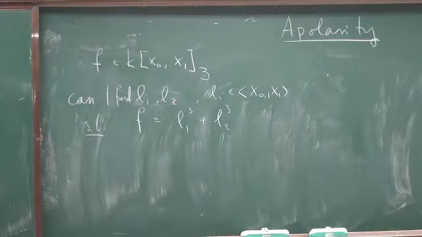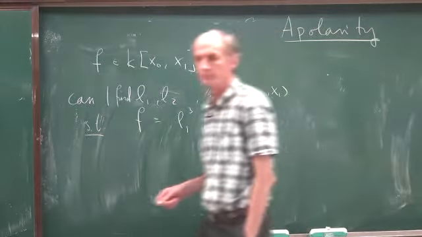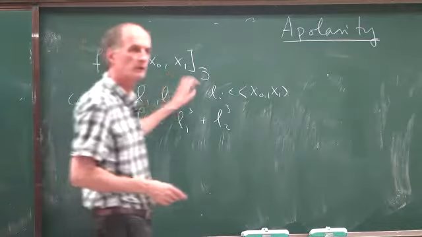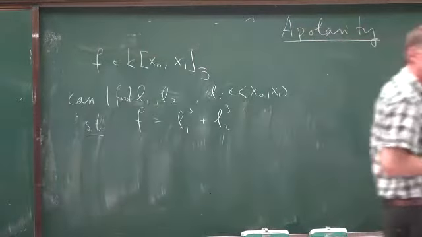So I want to think of this geometrically. This is a binary cubic. Can I write it as a sum of two cubes?